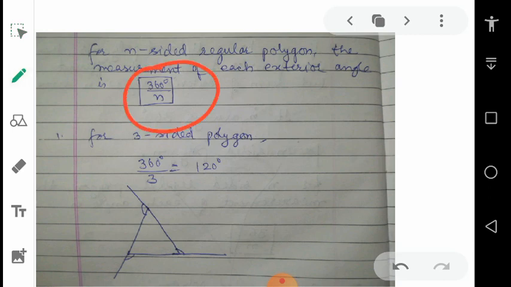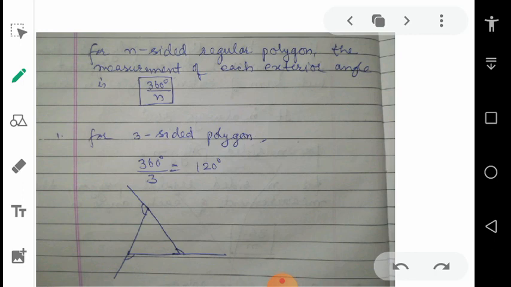This means there are many exterior angles, but the measurements of those are equal. Now what is the value of those? Each exterior angle measures 360 degree upon n. How to solve this? If an example is given, suppose a three-sided polygon, it means it is a triangle.